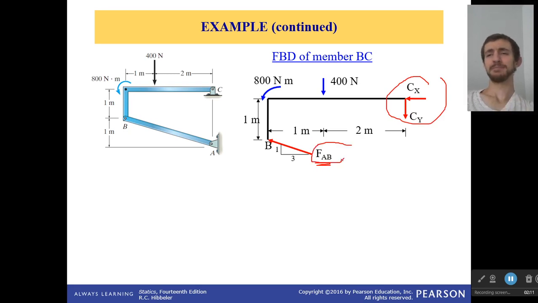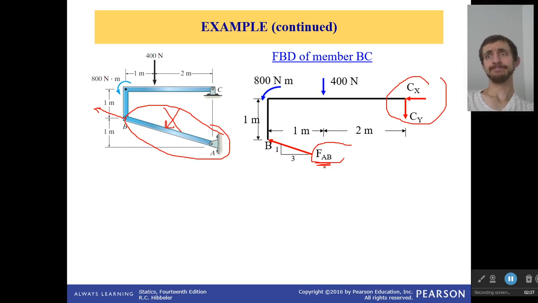You're just cheating. I'm not cheating, because this BA is a 2-force member. It doesn't have any other external loads. Since it's a 2-force member, we know the direction of this force. We just don't know its magnitude. And so from that, I only have 3 unknowns. 3 unknowns, 3 equations I can solve.